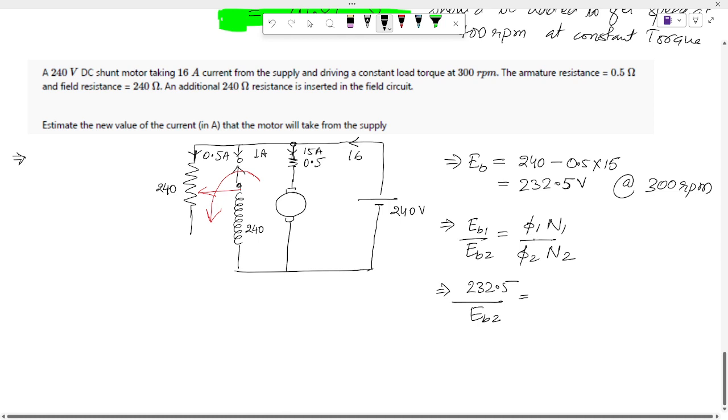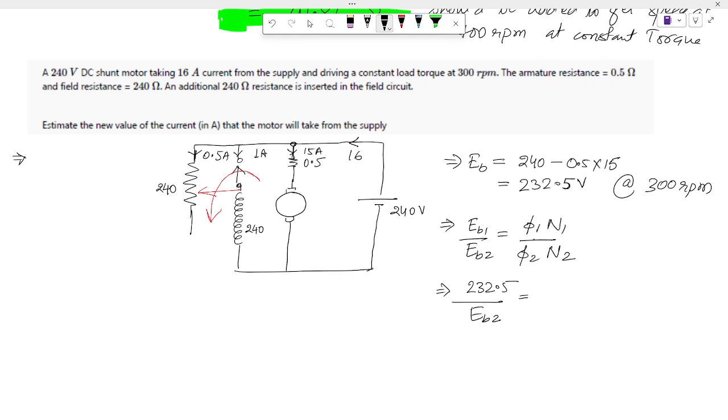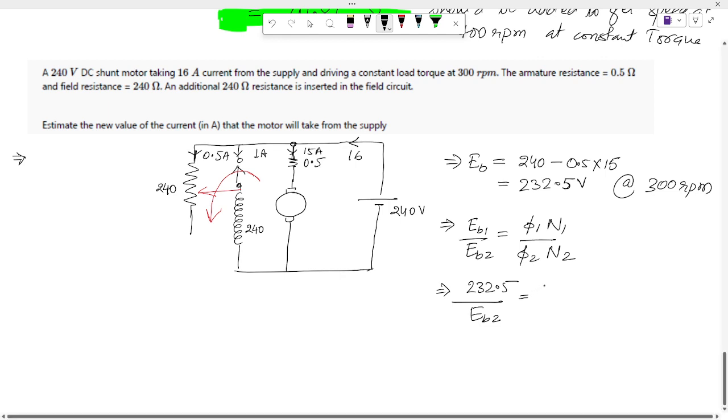When field current will become half, then flux will also become half. Yes or no? Yes, sir. So this is phi 1 upon 0.5 phi 1, into N1 is 300, N2 is unknown.